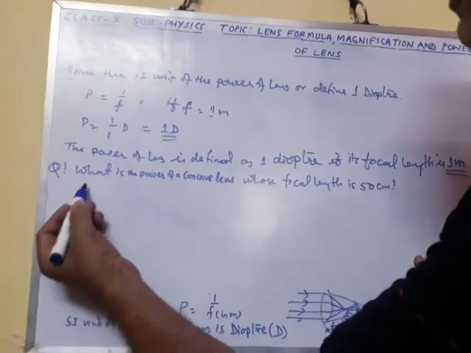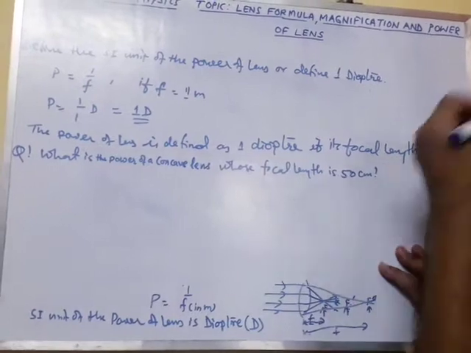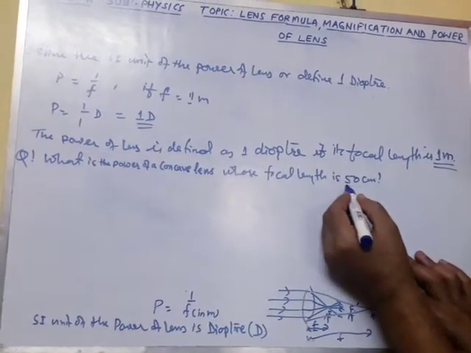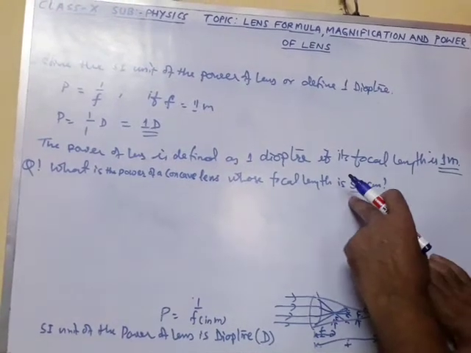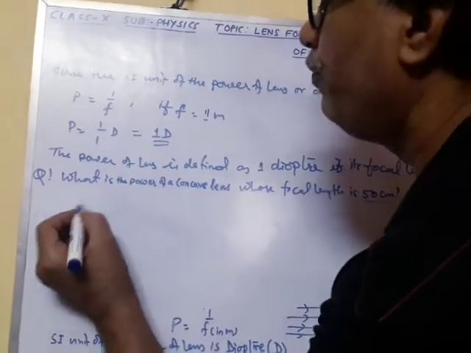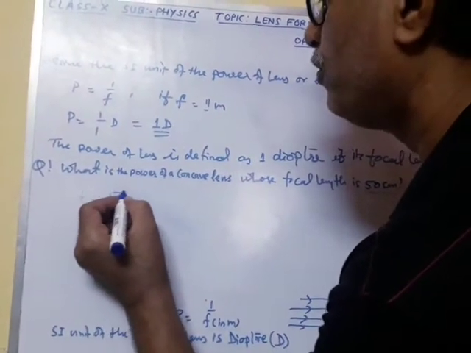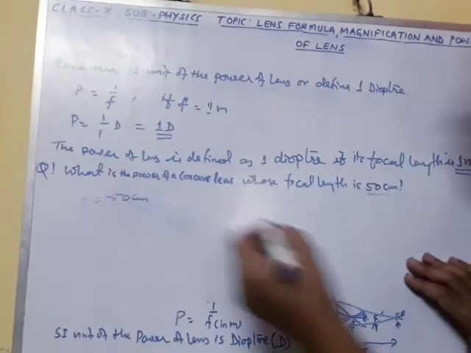The next question is: what is the power of a concave lens whose focal length is 50 centimeter? You see that the focal length is given in centimeter, so first of all change the focal length into meter. F is equal to 50 centimeter, and this is for a concave lens, so it is negative. Apply the sign convention.